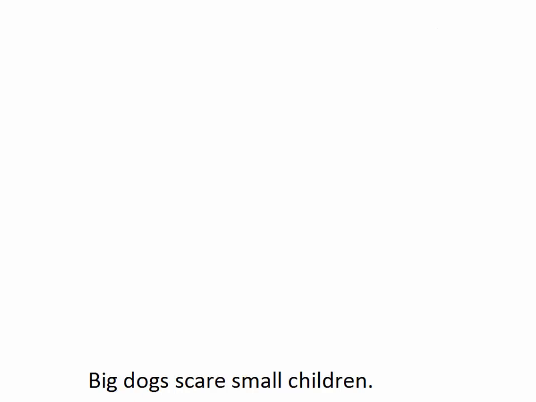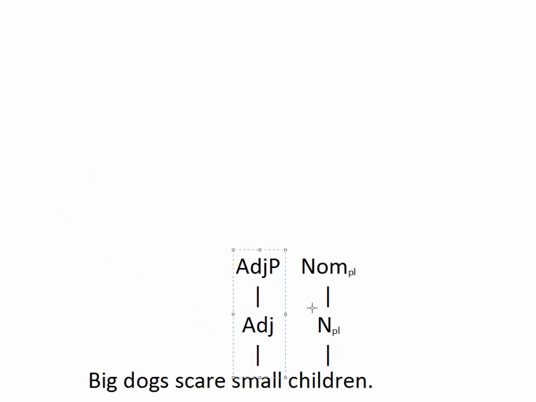So let's see. So we have children. That's going to be a plural noun, one child, two children. We've got that. It's modified by the adjective phrase, which is small. Seems small, very small, how small. As we've seen, when we combine those guys, we get a bigger nominal phrase. So let's put that in.